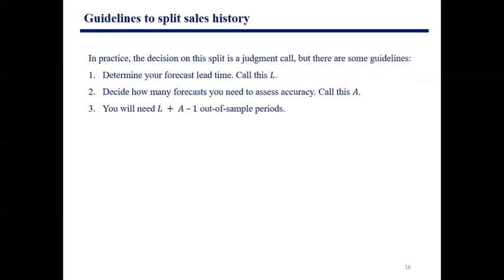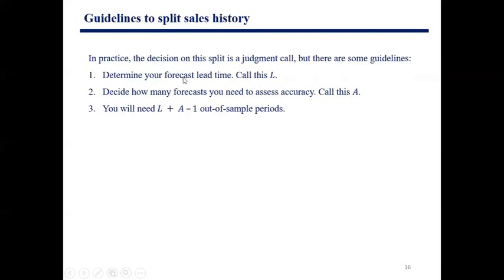So if you want to evaluate the accuracy of your forecast, you need at least 1 week in your hold-out sample. And after, you have to decide how many values you need to have for the 1-week-ahead forecast.